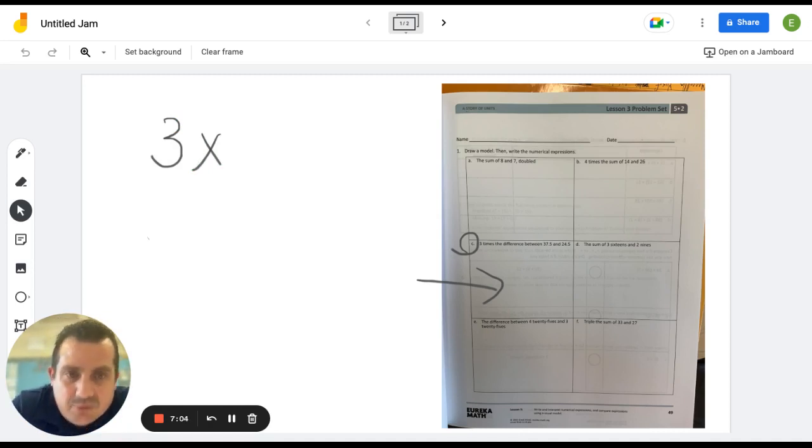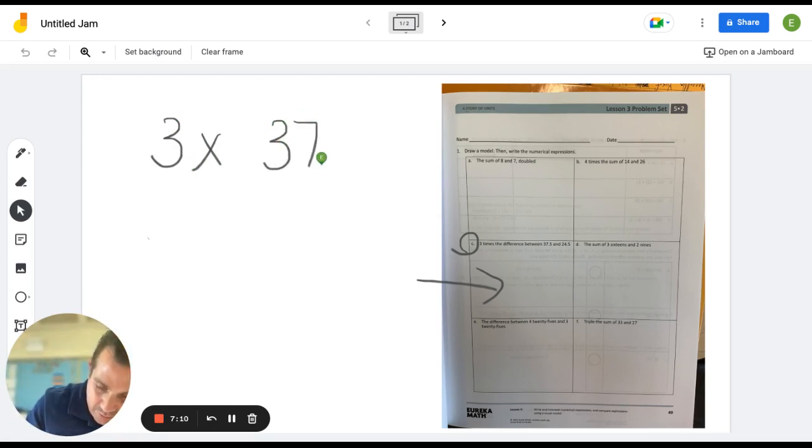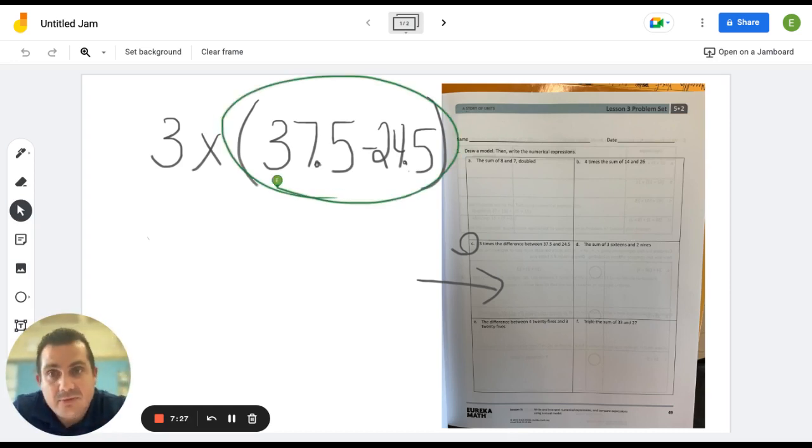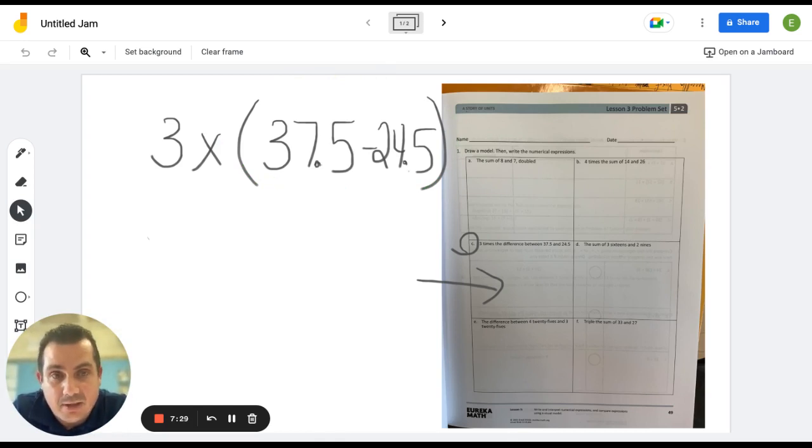The difference between 37.5 and 24.5. So I have to subtract 37.5 minus 24.5. And since I have to do that first, I'm going to put that in parentheses because I need to find out what the difference is between these two amounts, and then I'm going to times it by 3.